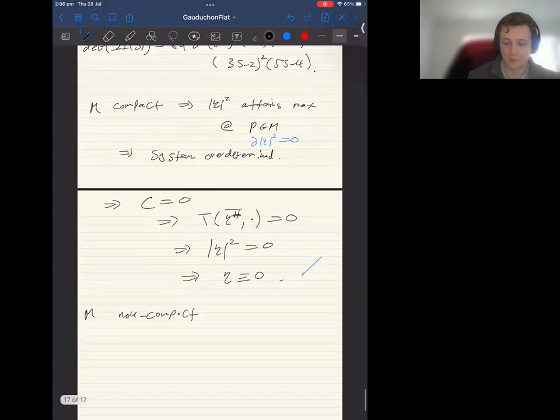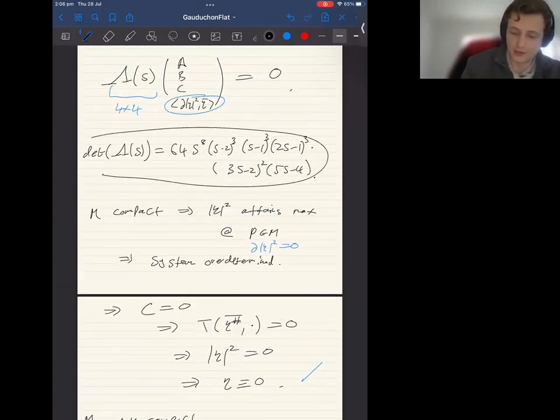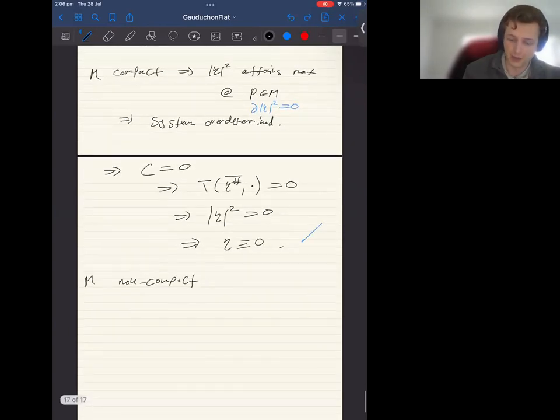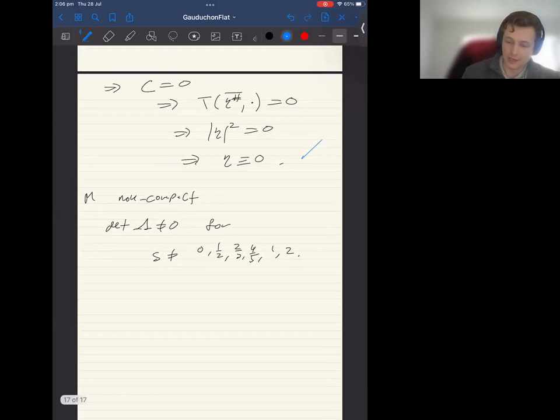Well, M non-compact is not so bad because as long as this determinant is non-zero, A, B, C, and this other term will all identically vanish anyway, right? So the determinant is not equal to 0 for s not equal to 0, 1/2, 2/3, 4/5, 1 or 2. Okay, these cases have been covered.